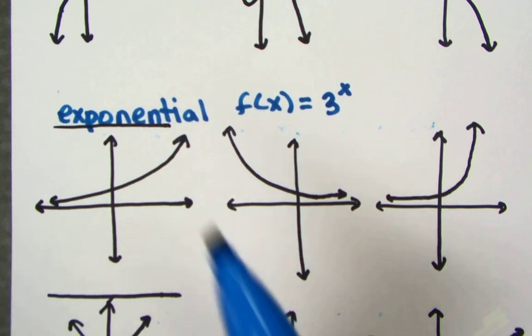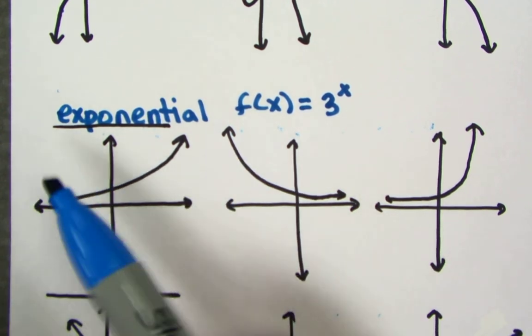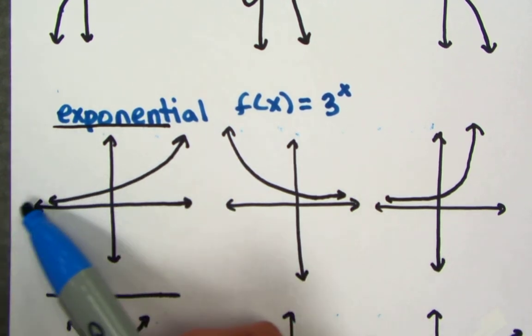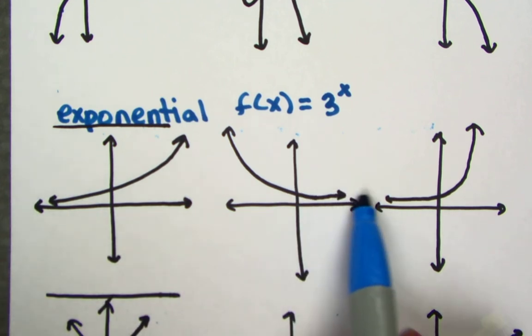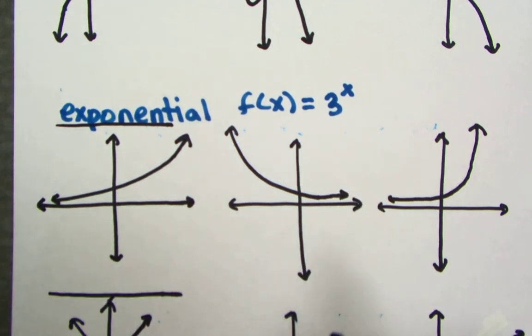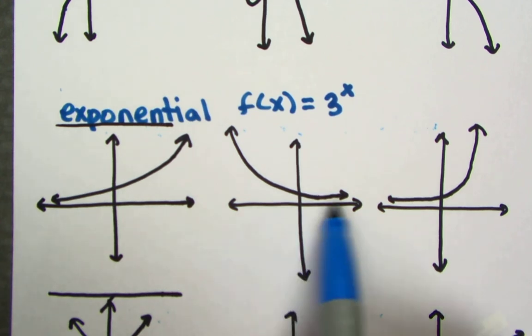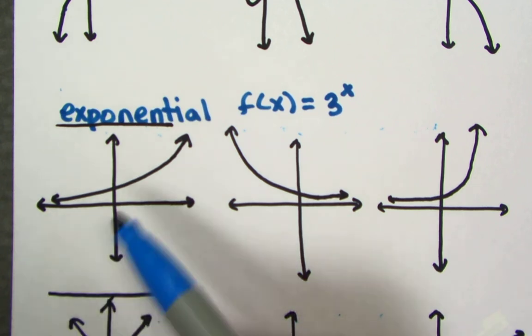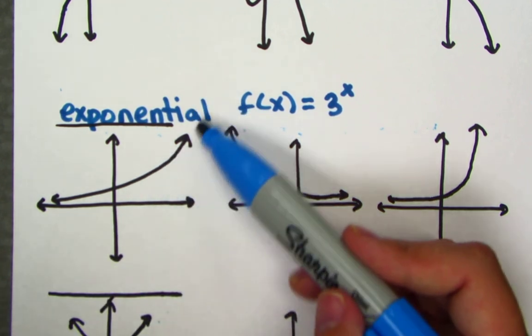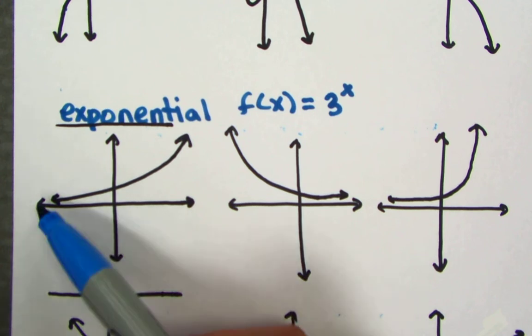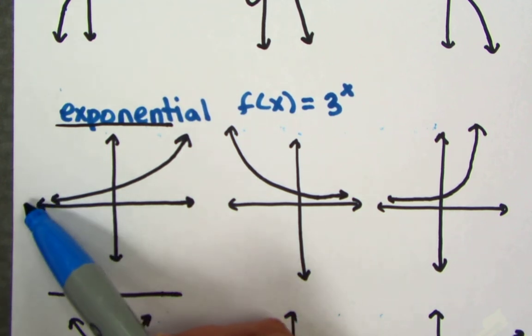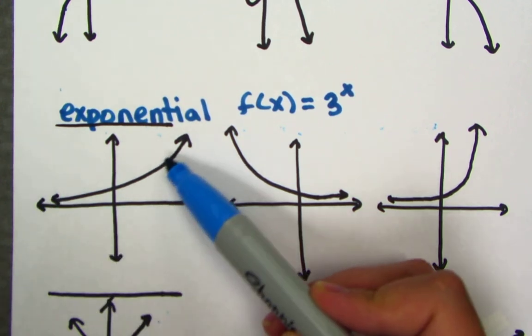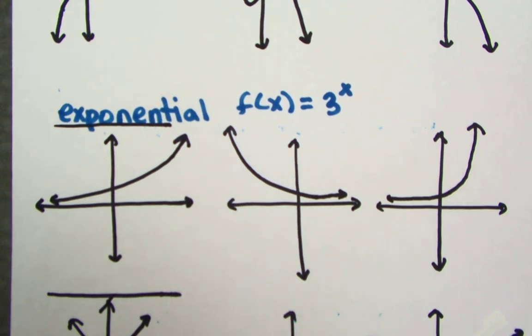Now with exponential functions, they can either to the left or to the right get closer and closer and closer to the x-axis, but never actually touch it. They will never cross this line, the x-axis. And then in the other direction, it goes up and out forever. So here, to the left, it's getting closer and closer to the x-axis. To the right, it's going up and out forever.